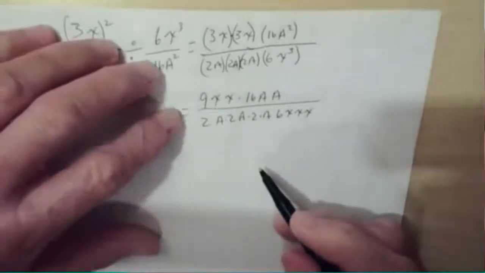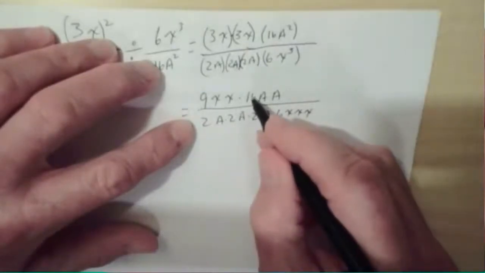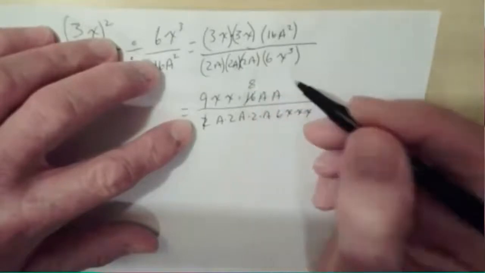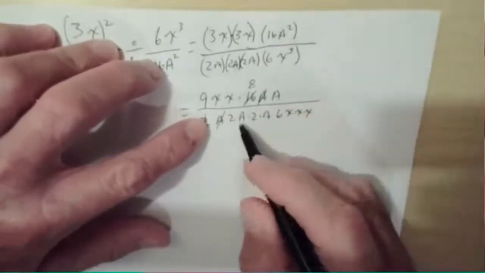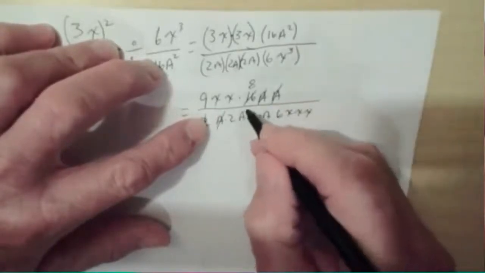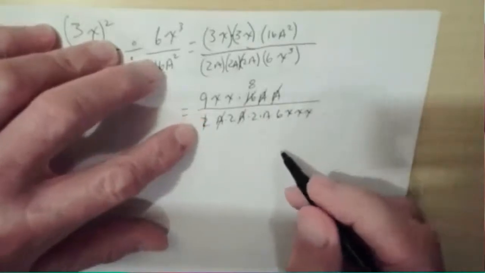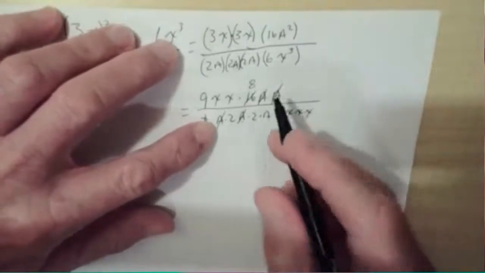First of all, let's see if we can do something with this 2. 2 and 16, that's going to make that 8, right? Here's an a. There's another a. And that's all. Now, we have 2 and 2 is 4, right?